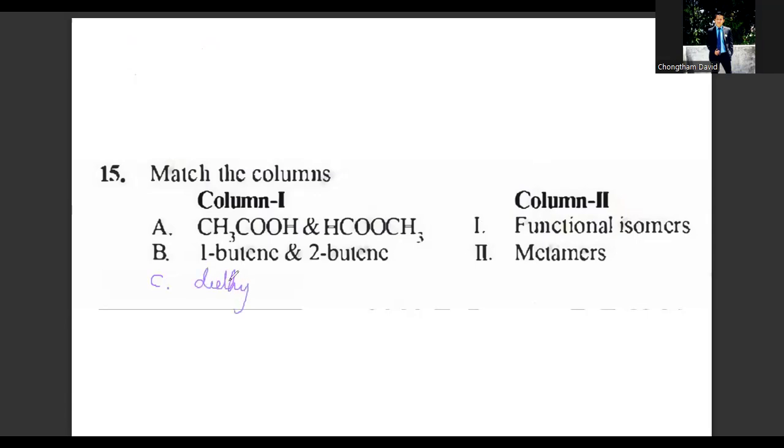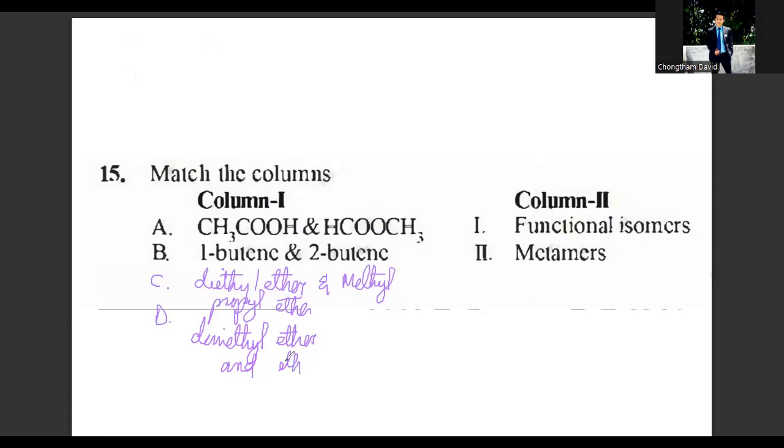Diethyl ether, methyl propyl ether, dimethyl ether, and ethanol. In option 3, you have position isomer.